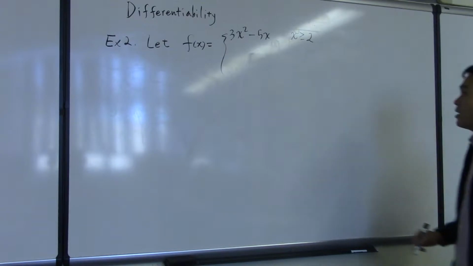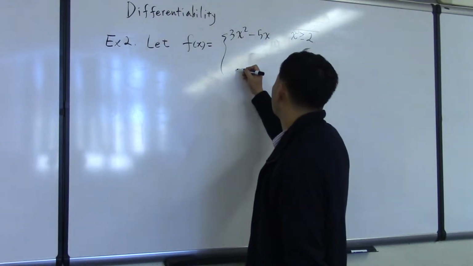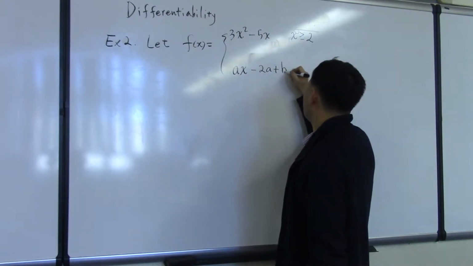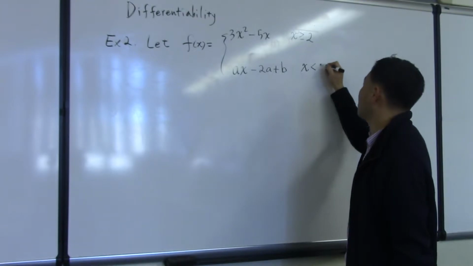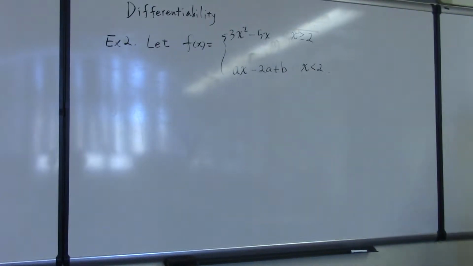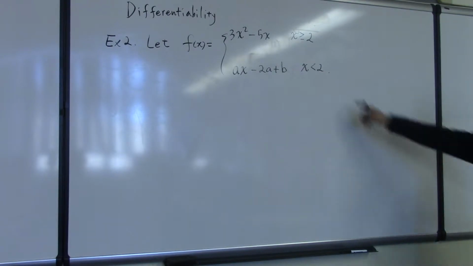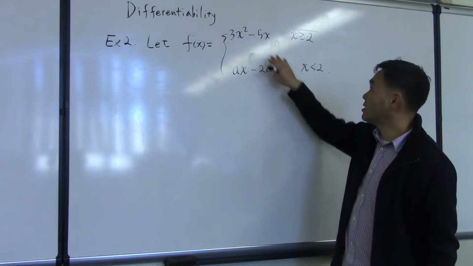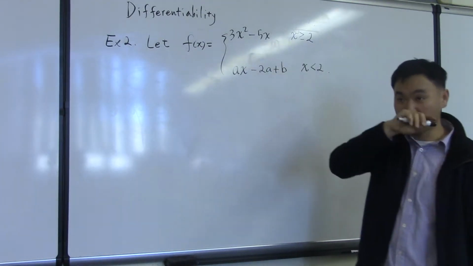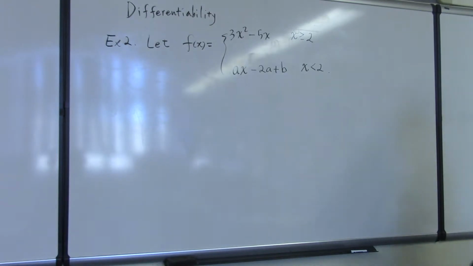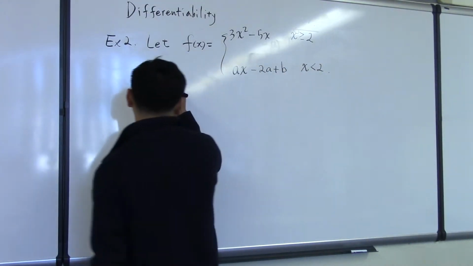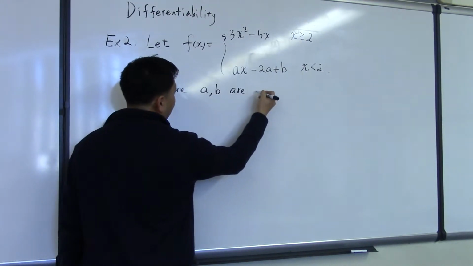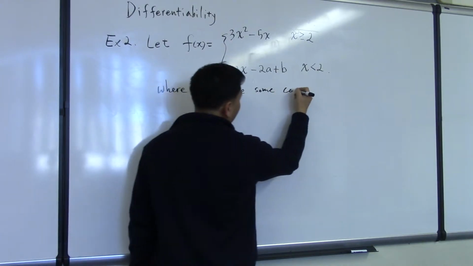And then let's say we have ax minus 2a plus b if x is less than 2. So this means on the left side of 2, it's some kind of a line, and on the right side it's a parabola. And where a and b are some constants.